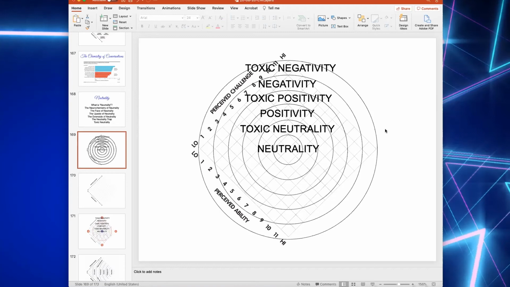At a certain point, you wonder, are we still talking about the issue? Does the toxic positivity camp have a very different issue at the core of what they're doing versus the negative camp versus the toxic negative camp? I've got to believe they have different belief systems, and that core belief is going to be different.